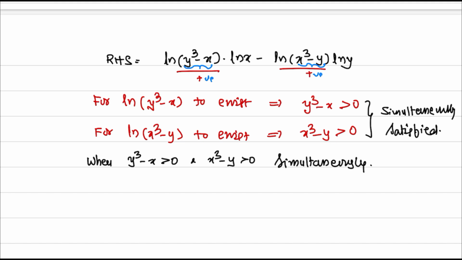This will be possible only when, because of the similarities, you please check y cube minus x here, x cube minus y, this will be possible when x is equal to y.